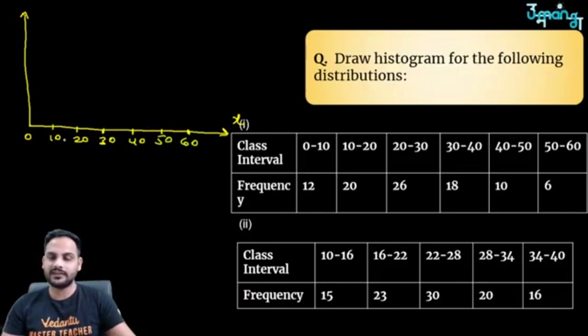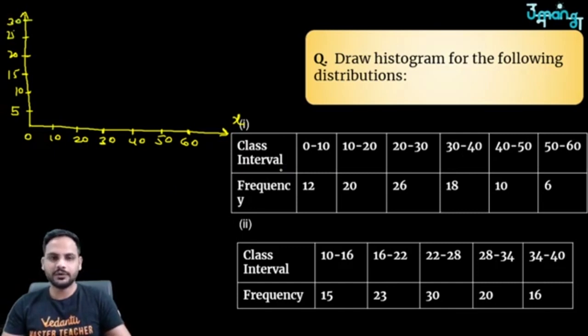On x-axis the class interval will be put, and frequency will be put on y-axis. So frequency, as you can see, is ranging up to 26. Right? So let us take the unit as 5. So 5, 10, 15, 20, 25, 30.